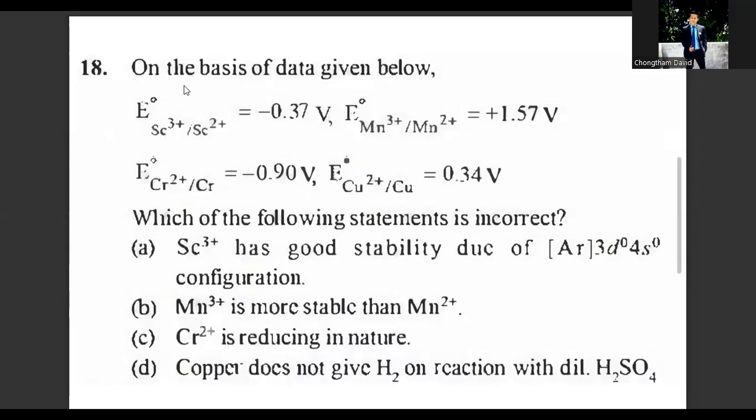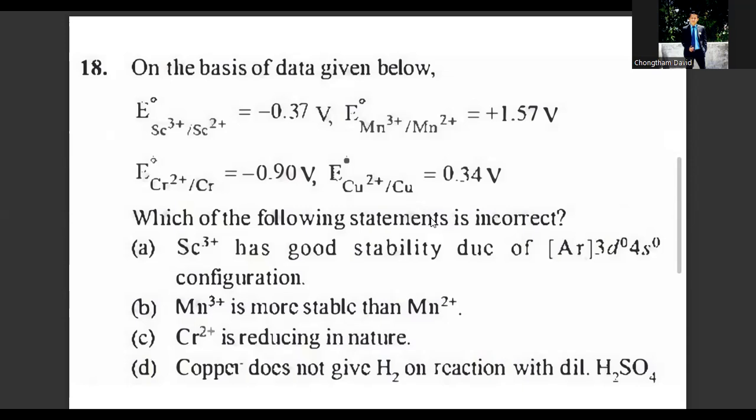Next, question number 18. On the basis of the data given to you, scandium ion, chromium ion, manganese ion, copper ion, which of the following statements is incorrect? Okay, Mn2+ has D5 configuration and is more stable than Mn3+, which has D4 configuration.